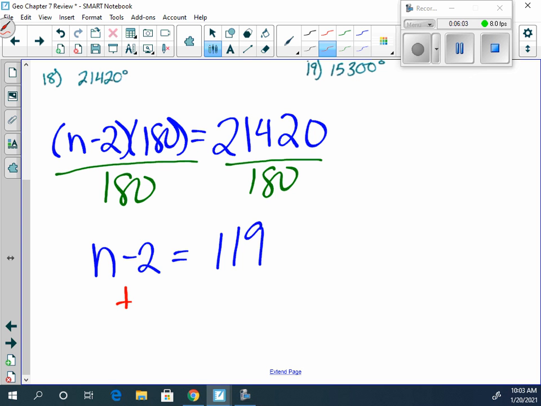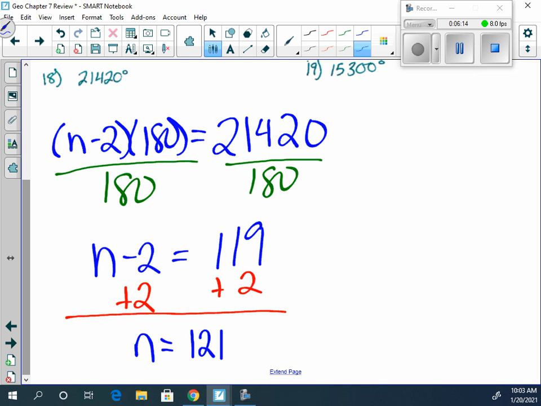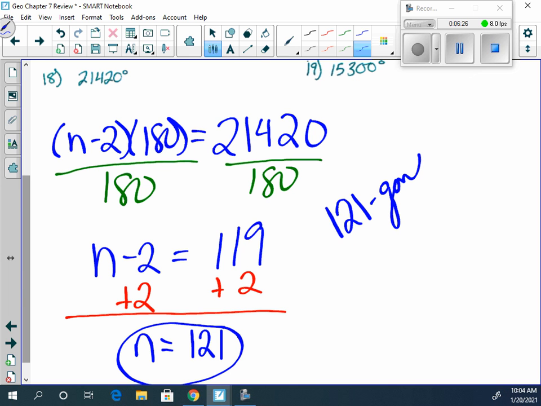We would add 2 to both sides, which will tell us that n is equal to 121. So how many sides does it have? 121. We can call it a 121-gon. So the number of sides that this would have would be 121.